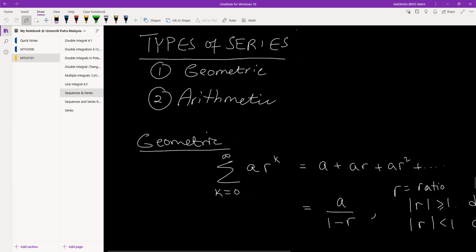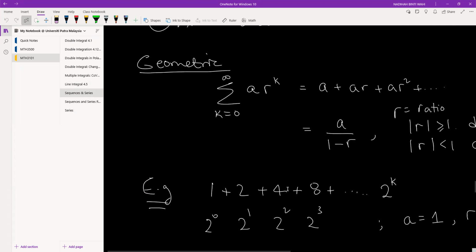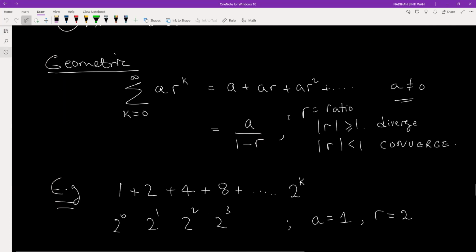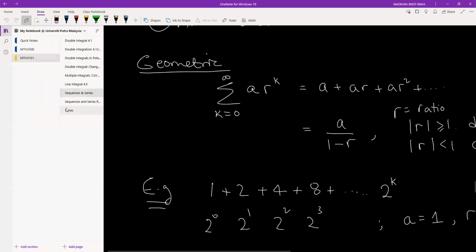Alright, this one. Okay, just check this formula. In this formula, a is not 0, and k is minus n. You can see that the series that we did just now is convergent.